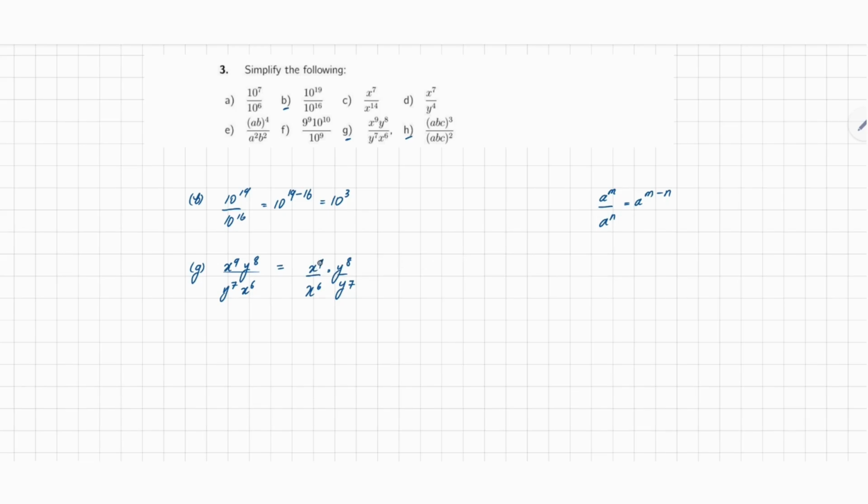So x to the power 9 and x to the power 6 have a similar base, that is x. So that gives us x to the power 9 minus 6 times y to the power 8 and y to the power 7 have the same base, which is y. And we can apply the law, which gives us y to the power 8 minus 7. This gives us x cubed times y.